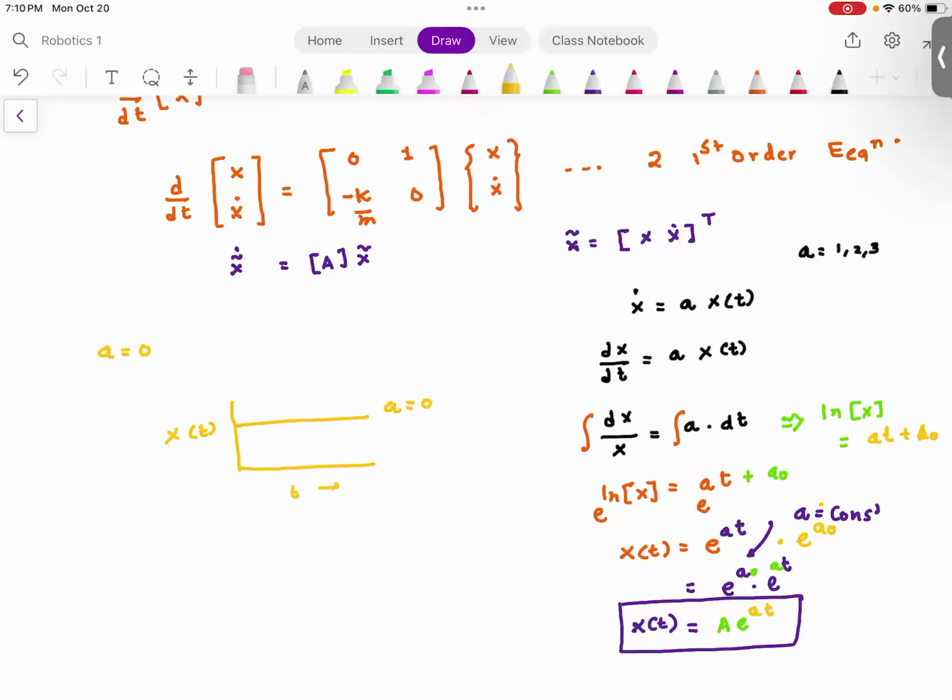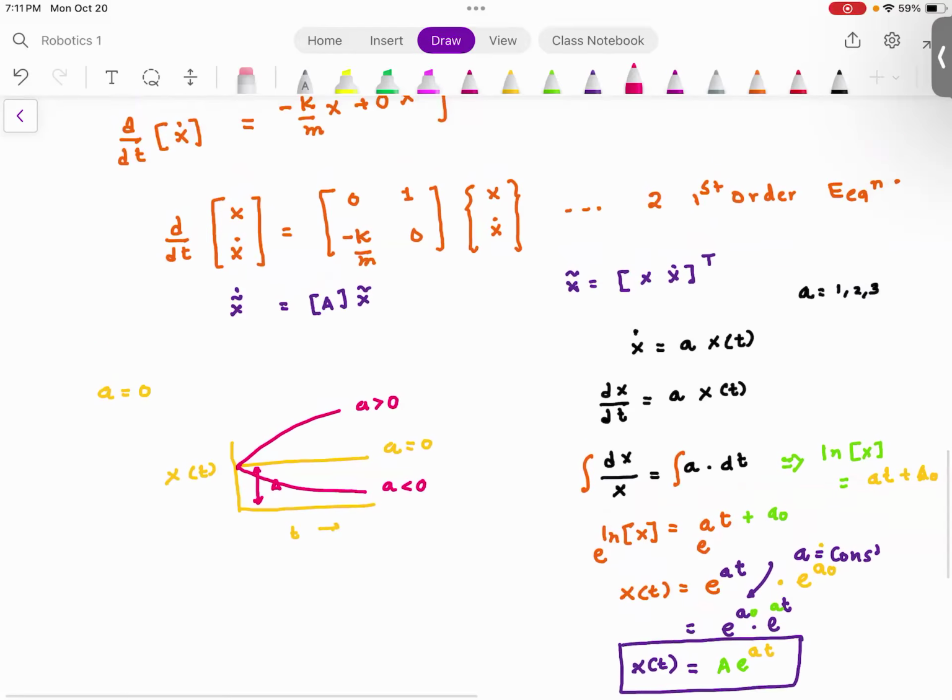The solution will stay as a constant. If a is negative, a less than 0, then your solution is going to look like this. And if a is greater than 0, then your solution is going to look like this.